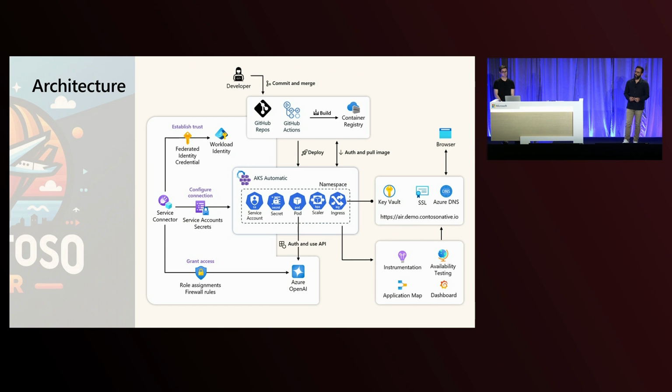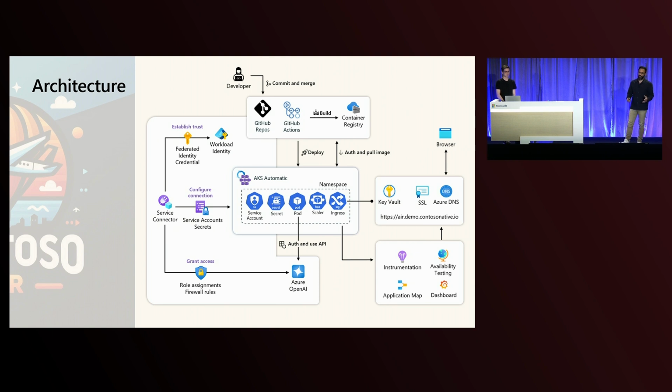And the app also has functionality that we want to use AI for, of course, and that is a recommendations engine that uses the Azure OpenAI API. So we want to build something to use that. And finally, we also want to instrument the application and enable monitoring to see and observe how the app runs and performs.